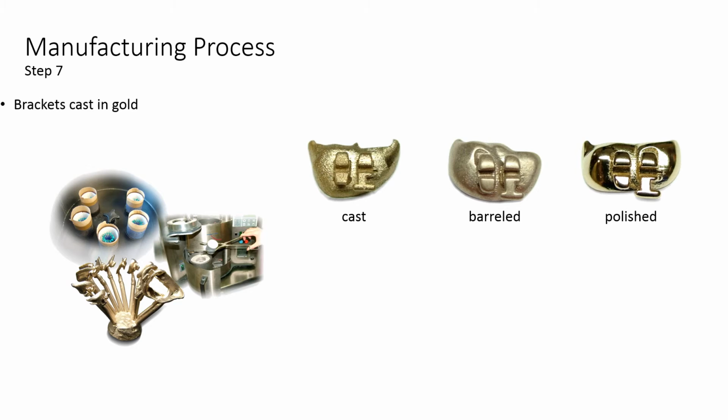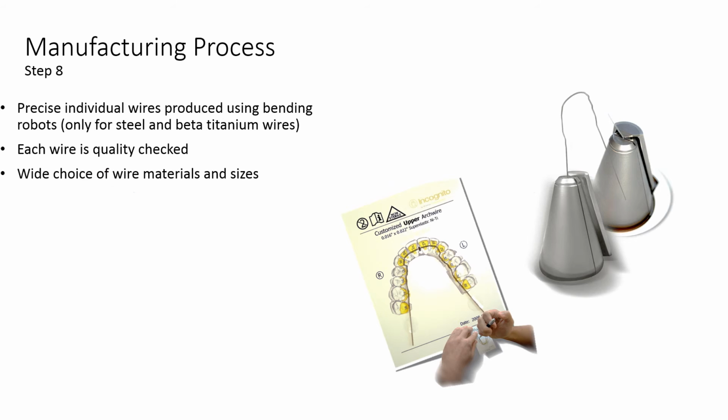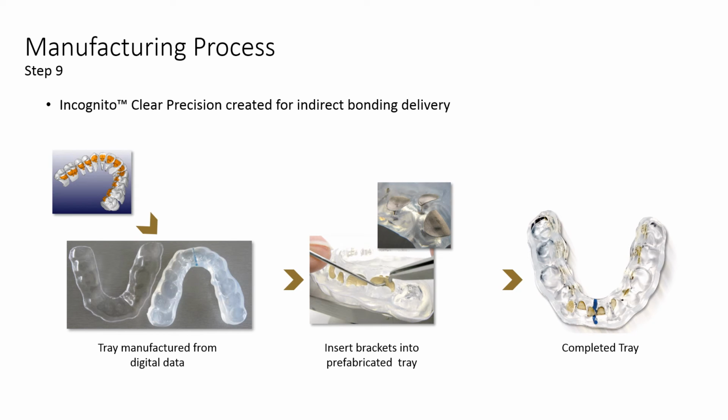Most lingual systems are customized with a lingual base made of composite or any other curing composite. When this is polished and the wires are bent by a robot with first order bends, they're shipped out. Every quality check will be done, and then the tray will be manufactured.